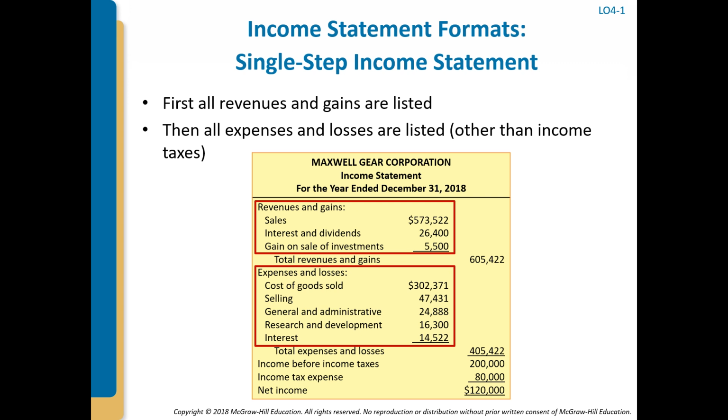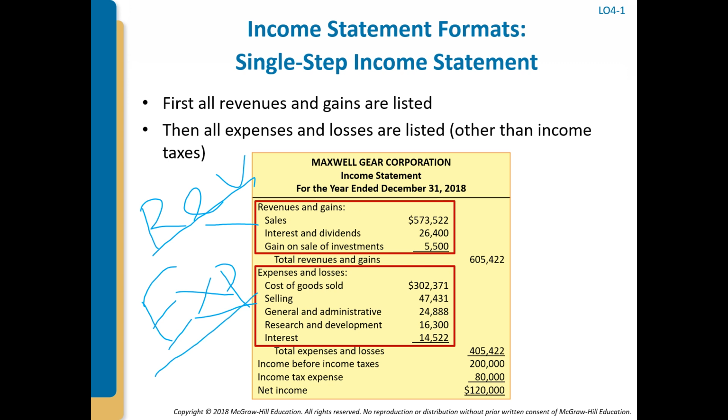Single step income statement is easy because in the single step income statement, we are recording all the revenues first, and then all the expenses, but we are not classifying the revenues and expenses. There's no classification of income from operation or income from non-operation. So this is called single step income statement.